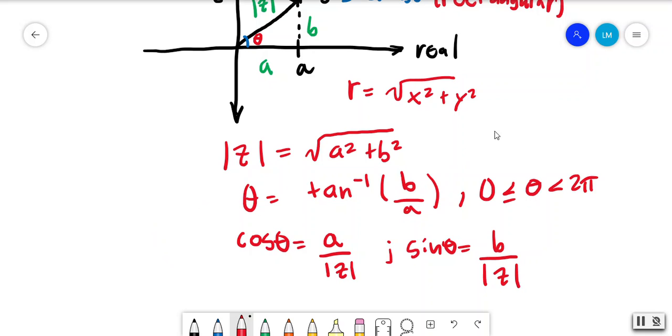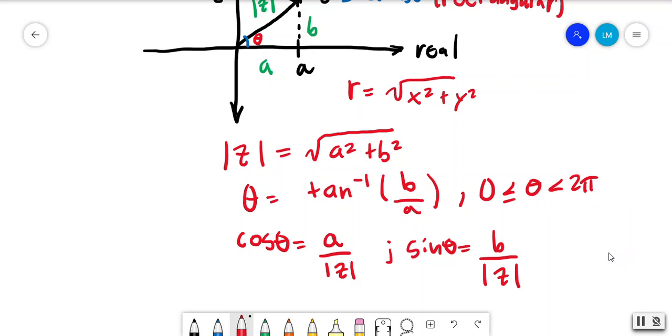Now, it's actually very confusing going from rectangular to what we call polar form. If you use x and r, it's basically the same thing. So if you want to replace this with r, you technically can, but it gets confusing.